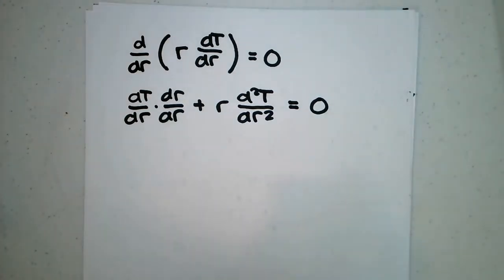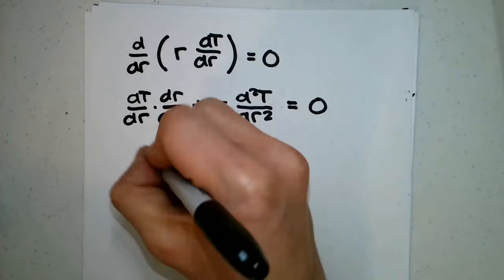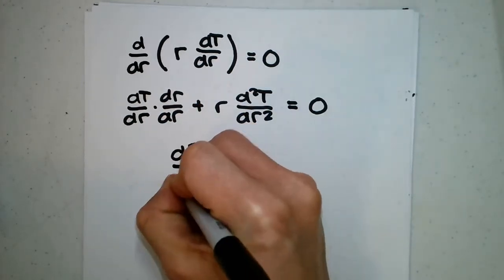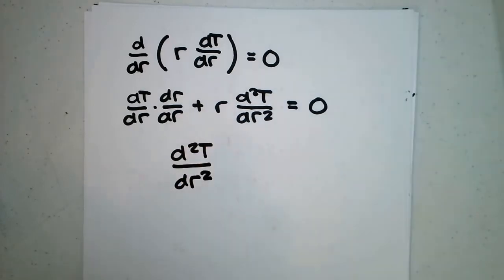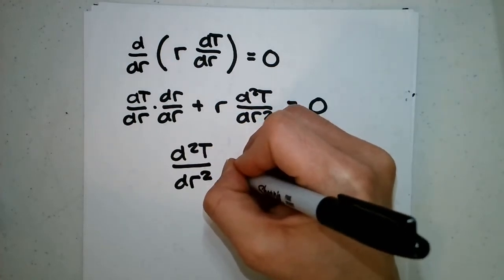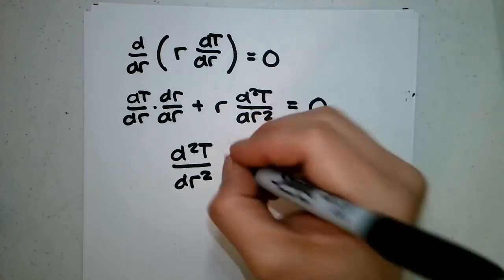And so this is just 1. We have d²T/dr². Let's see, do I want to move that on the other side of the equation?